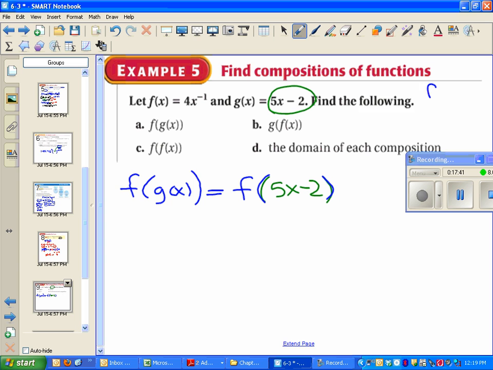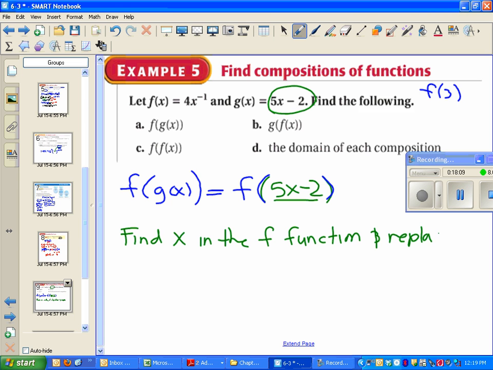So when it was f of 3, we were finding x and replacing it with 3. Now we're taking 5x minus 2 and replacing it with x in our function. So in words, it means find x in the f function and replace it with 5x minus 2. Okay, we're going to come back to that for a minute.